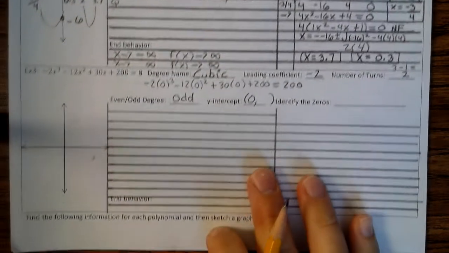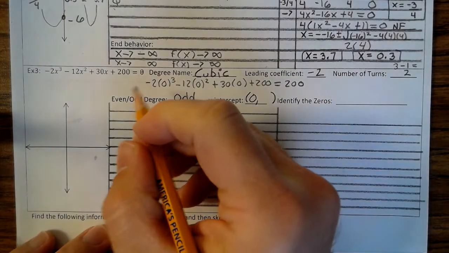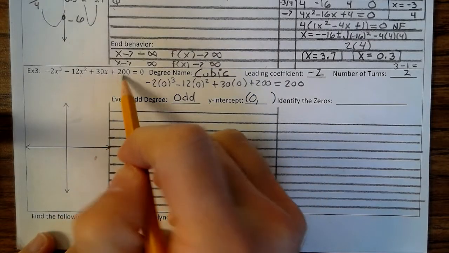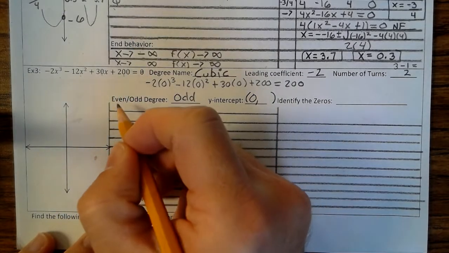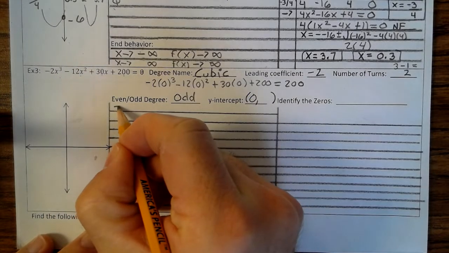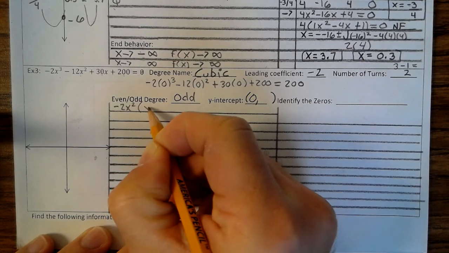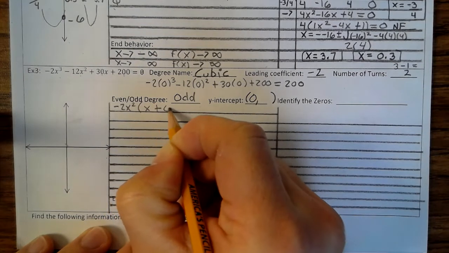All right, now let's take a look at example 3. Okay. All right, so here we have 1, 2, 3, 4 terms. There's a possibility of factoring. So it looks like we can factor a negative 2x squared out of here, which leaves x plus 6.